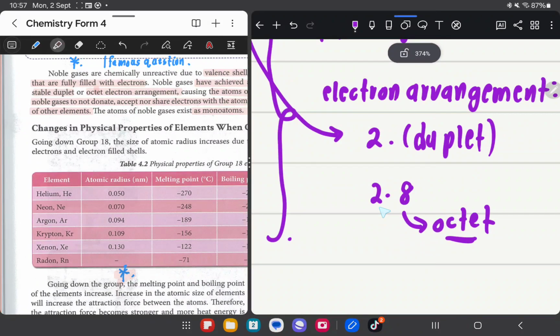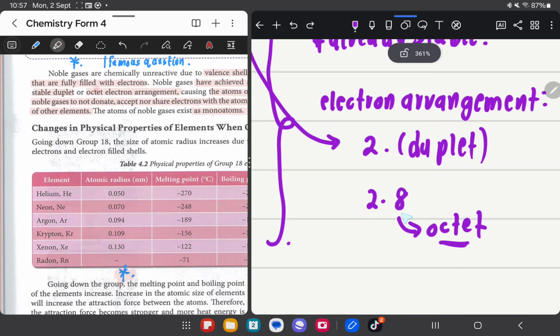Like the second one here, it has 2 shells, and this one is the valence shell, the last one, and it has 8. Rarely, there is no case where the second shell has only 2, and you cannot say the second shell is a duplet, not if it is incomplete. These are all complete, right? So the second shell is always an octet. It will always be full, for group 18 elements only.